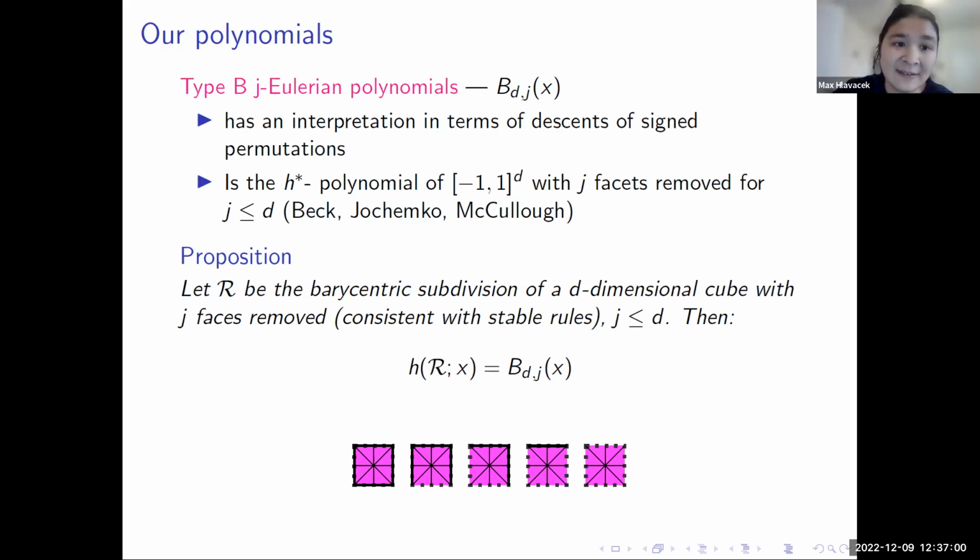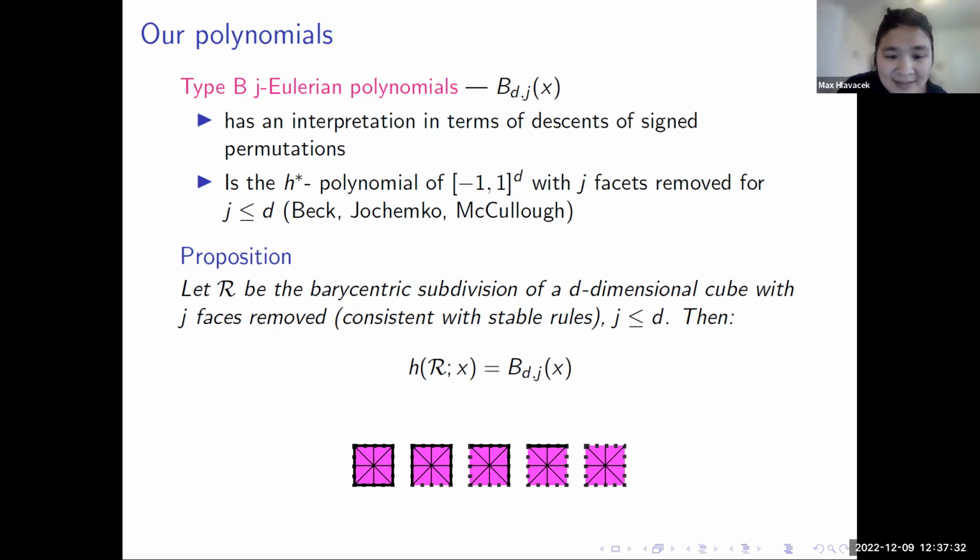So when I think of the type B J Eulerian polynomials, I think of the [-1, 1] cube with a bunch of facets removed, and then look at the h-star polynomial of that. The h-star polynomial is a specific polynomial that pops up in Ehrhart theory. It's kind of similar in flavor to the h-polynomial, but the definition is different. But yeah, no worries if you don't know what that is, but this is just kind of how I think of the type B J Eulerian polynomial.